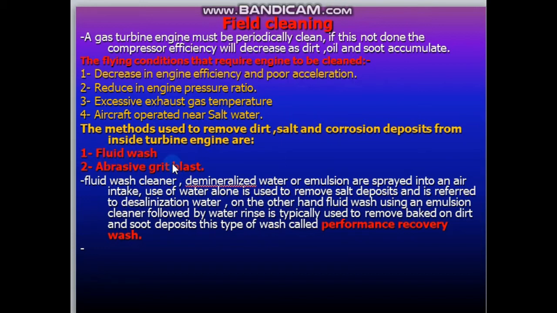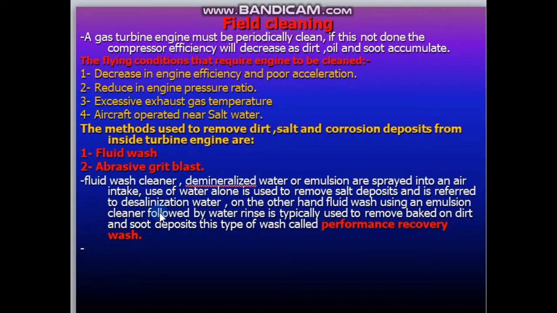The first one, fluid wash cleaner, consists of demineralized water or emulsion. They are sprayed into the air intake. Water alone is used to remove salt deposits and is referred to as desalination wash.